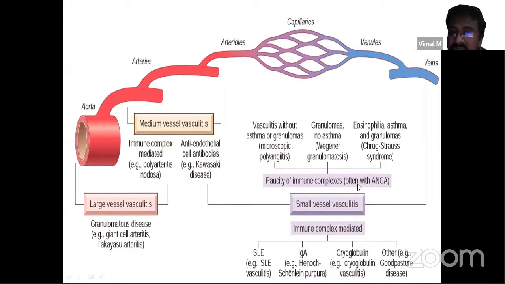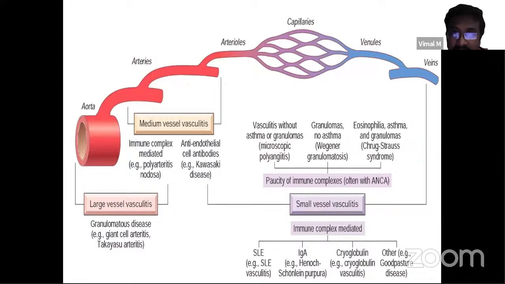In all these conditions there will be a paucity of immune complexes, often with ANCA, that is, anti-neutrophil cytoplasmic antibodies. But small vessel vasculitis can also be immune complex mediated, like SLE associated vasculitis.